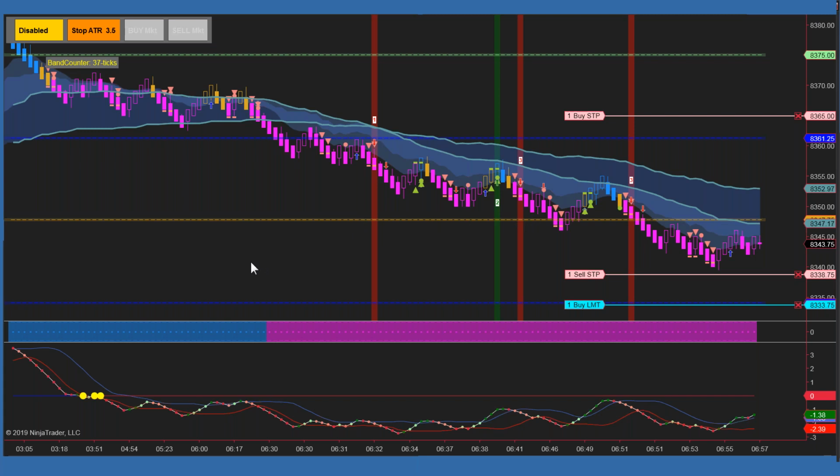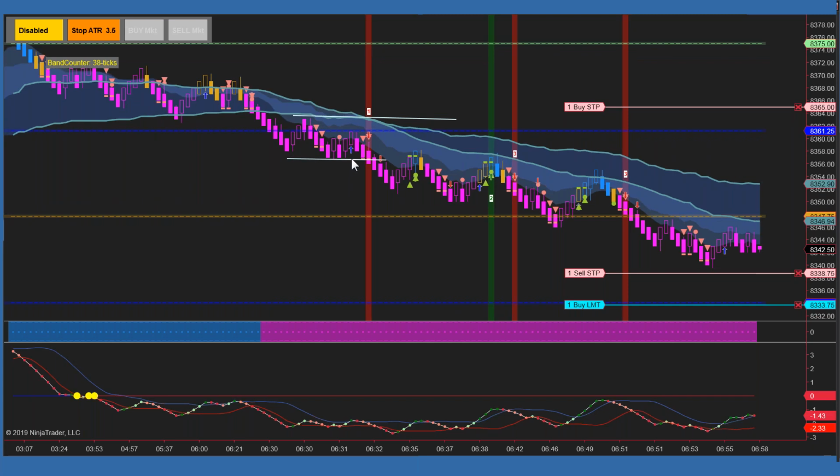So the big question is, do we have a trend? And how do we identify trend? Well, the easiest and perhaps the most reliable way to identify trend is to compare your swing highs and swing lows. So long as the market continues to make lower swing highs and lower swing lows, you can assume a trend is intact.